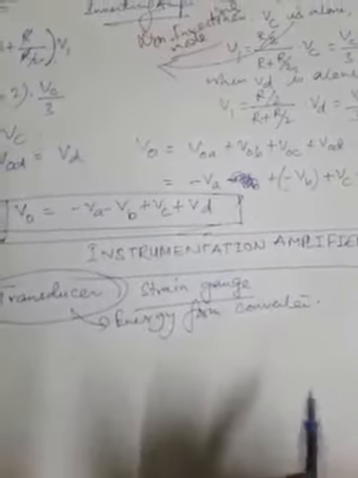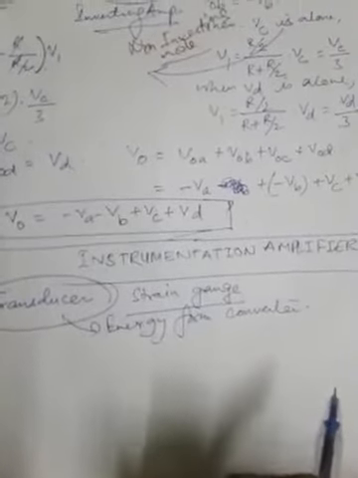Now, the block diagram of an instrumentation system may be drawn in a simplified form before going into the instrumentation amplifier. The block diagram should look like this.